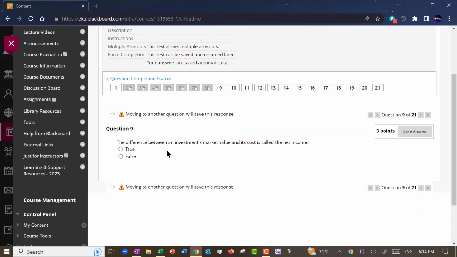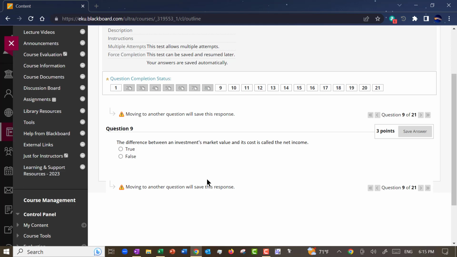Okay, who's going to tell me whether this statement is true or false? What it means by market value is something like discounted value or present value. What do you think, Beatrice?